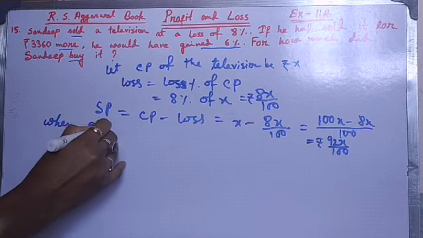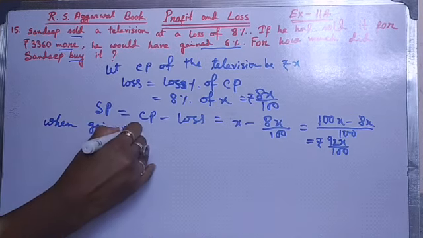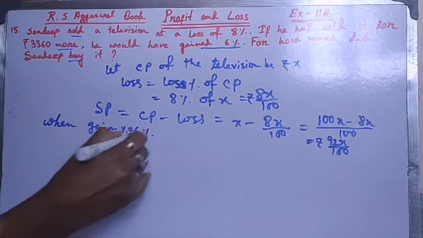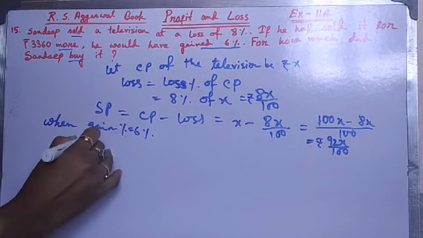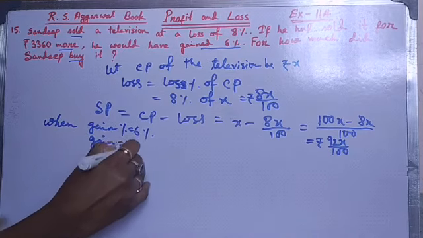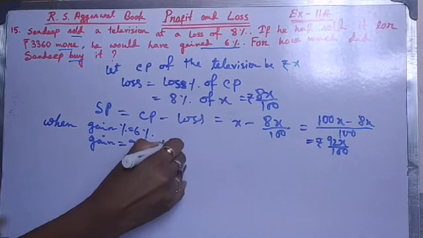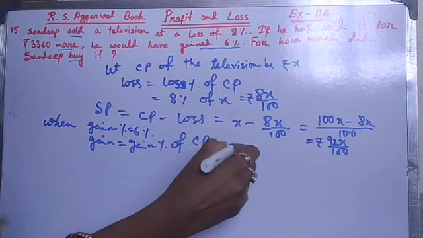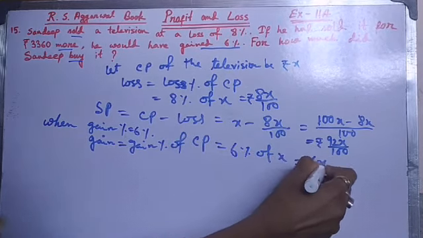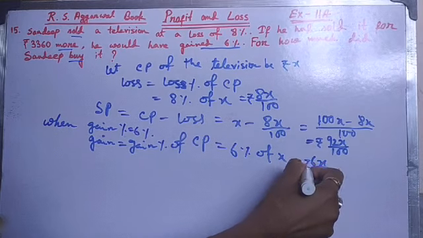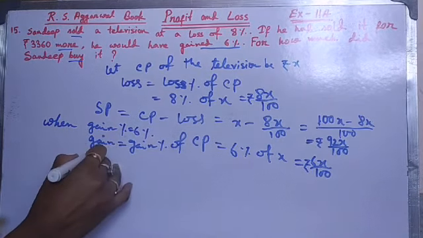So when gain percent equal to 6%, then gain equal to gain percent of CP, that means 6% of x, that means 6x by 100, that is gain, that is profit.